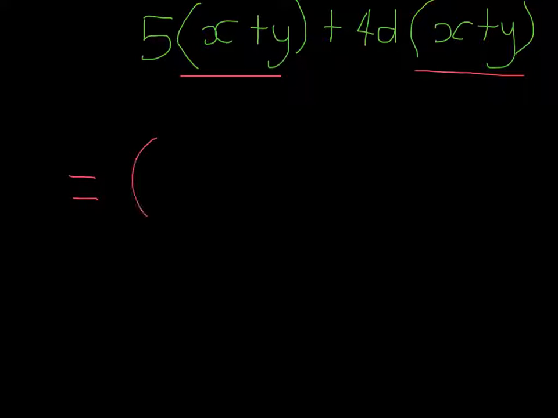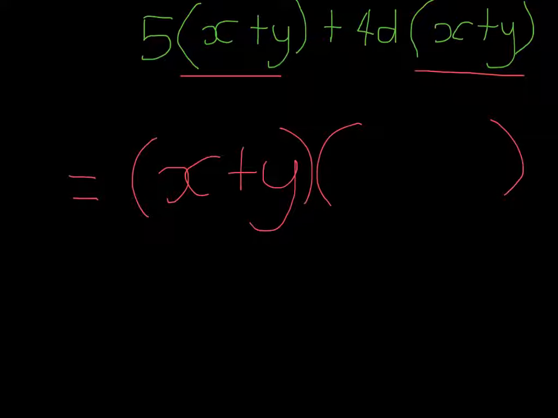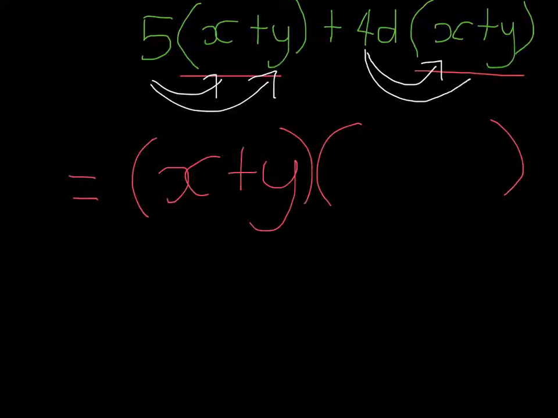We can shorten this expression by only writing one of the (x + y)s. This is because this equation expanded is 5 times x, then 5 times y, and then 4d times x and 4d times y.